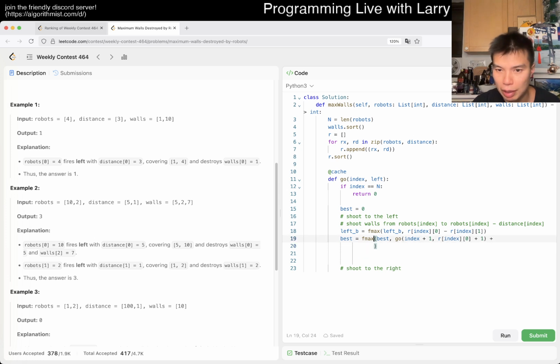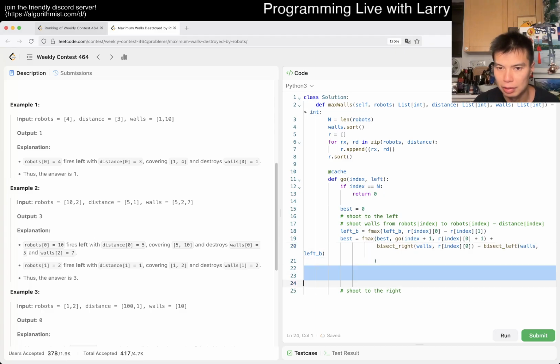I think no. We could probably cache it, but I don't think it's a big deal. Bisect left of the rows from LB all the way to, and then bisect right was our index of 0. Right, so subtract this, that's the number of unique rows. I think we should be good for search.